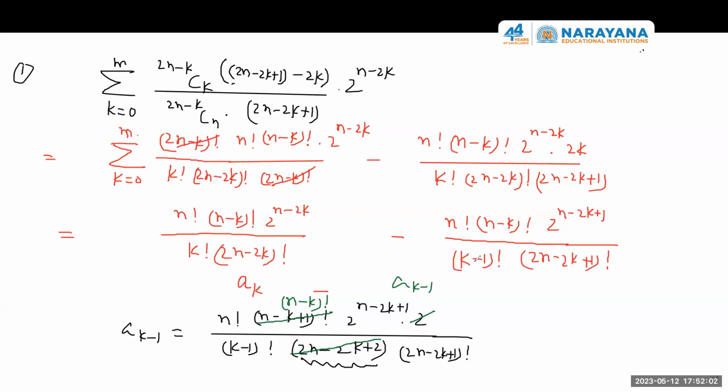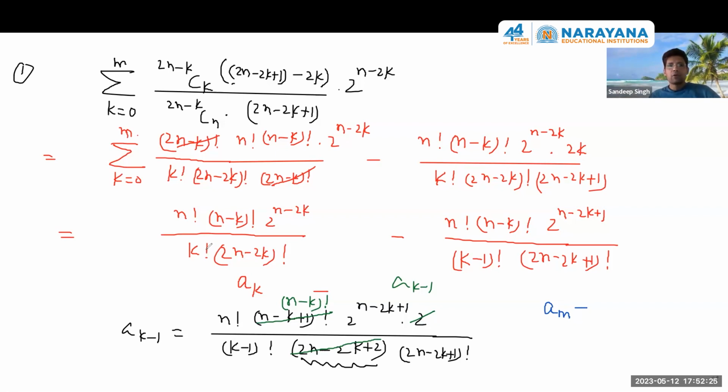So what is going to be the final answer? So k from 0 to m. So am will remain in the last, and at the very beginning what will remain? For k equal to 0 I cannot put a minus 1. Then what will you do? In fact, you should start putting the values of k from 1 only.